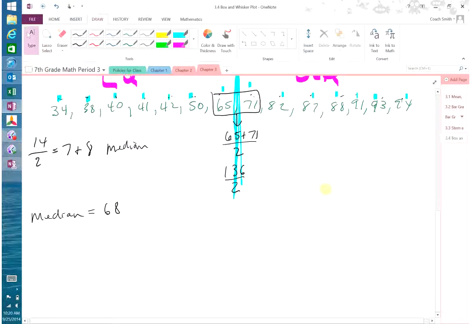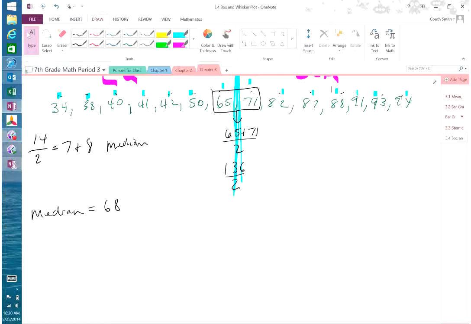So step 3, right? We're on step 3. Step 3 says to find the median of the lower half of data. We call that median the lower quartile. So for the lower quartile, I have 7 numbers. I take 7 divided by 2, which is 3.5.